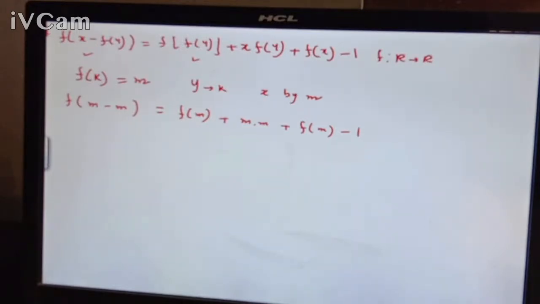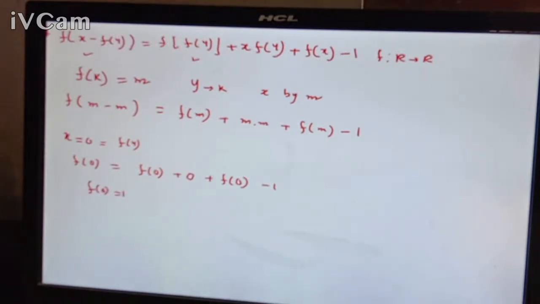In the main equation, if we consider x equal to 0 and f(y) equal to 0, then we will get f(0) equal to f(0) plus 0 plus f(0) minus 1. Therefore, we will get f(0) equal to 1.